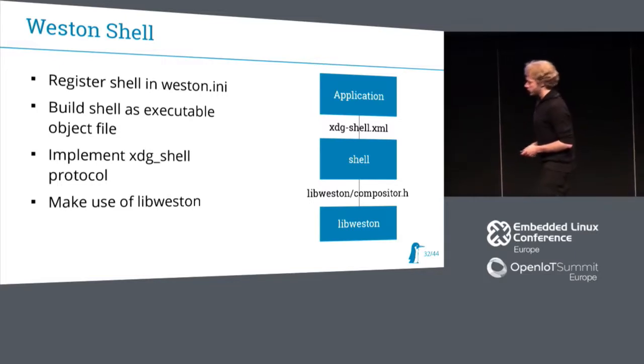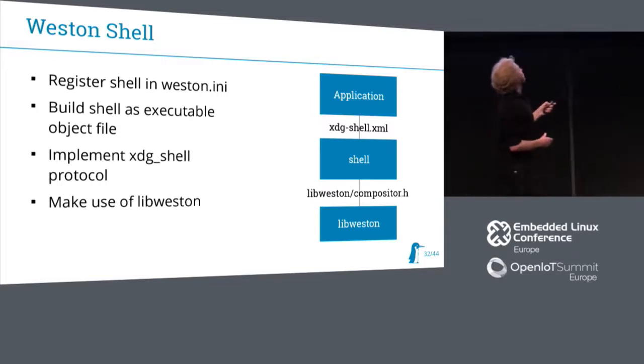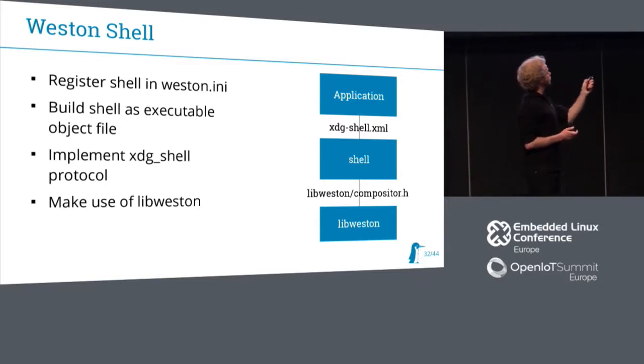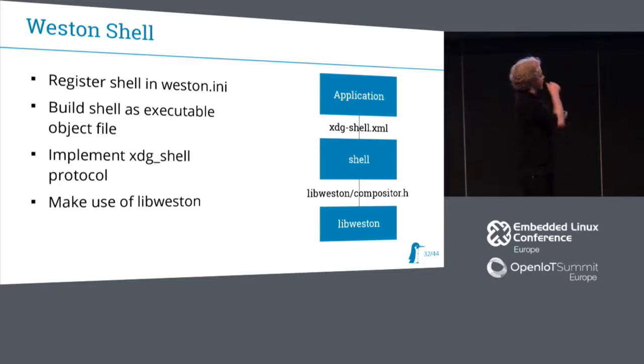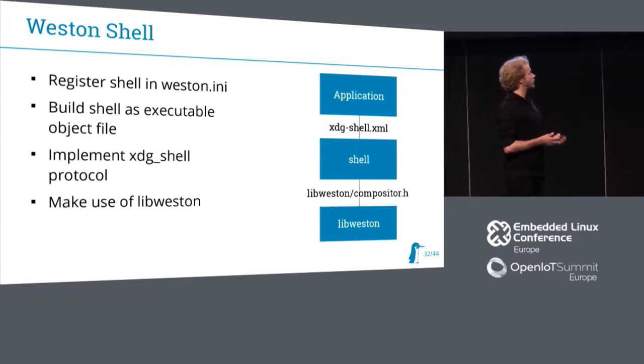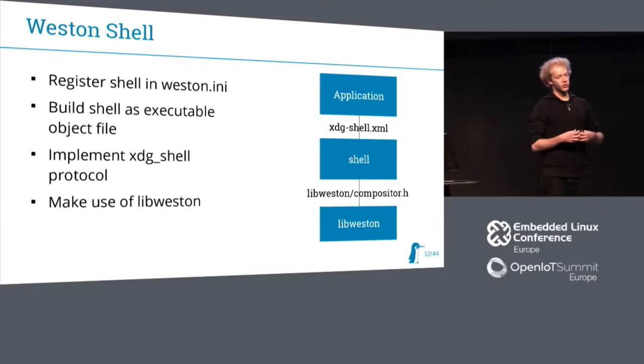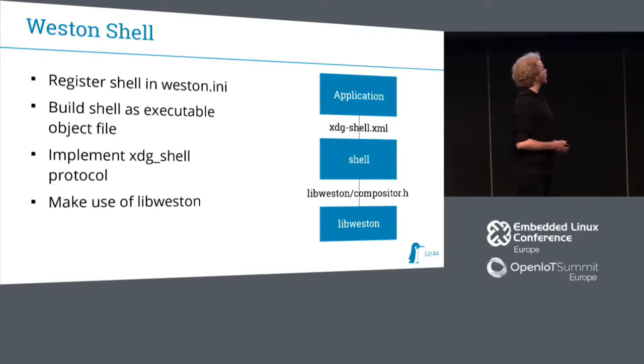This looks like this. So you have some application, and the application speaks the XDG shell protocol with your shell, and your shell then uses functions defined in libweston compositor.h to talk to libweston, which does then all this magic stuff with the DRM.